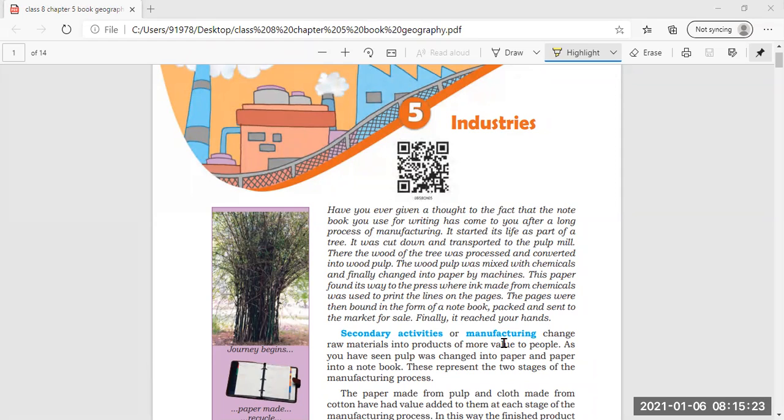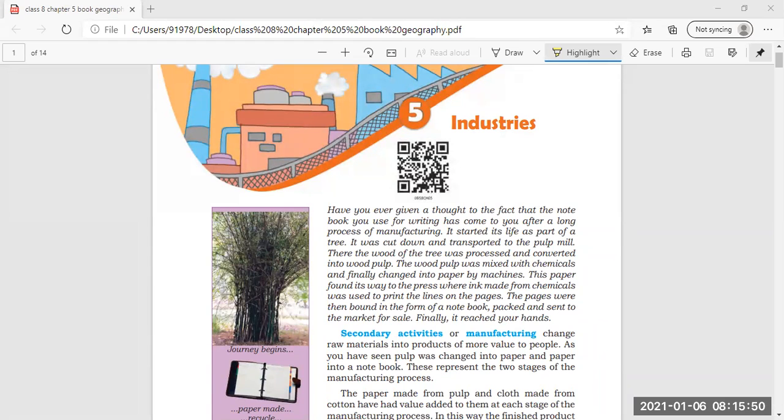Industry is thus an organized activity whose aim is to produce goods or provide services. All the activities that process or convert anything from a raw material to the finished product fall under the industry.